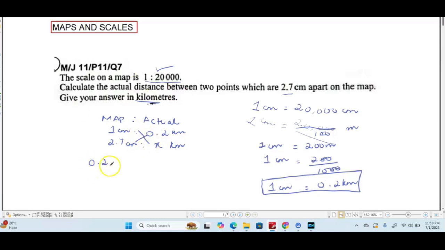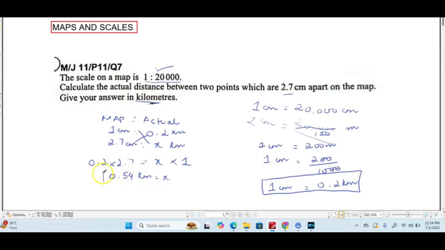0.2 is going to be multiplied with 2.7 and x is going to be multiplied with 1. So 0.2 into 2.7 gives us 0.54 kilometers. So 2.7 centimeters on the map are equal to 0.54 kilometers in reality.